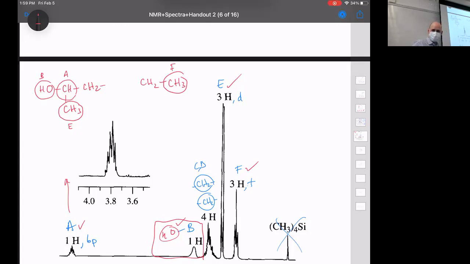And all that's left is we've got 4 hydrogens. And we can tell that that's got to be 2 different CH2s because you can't have a CH4. And up here, what we've drawn based on our neighbors is we've found our 2 CH2s.